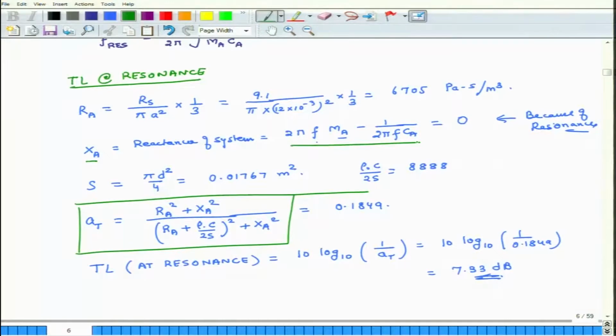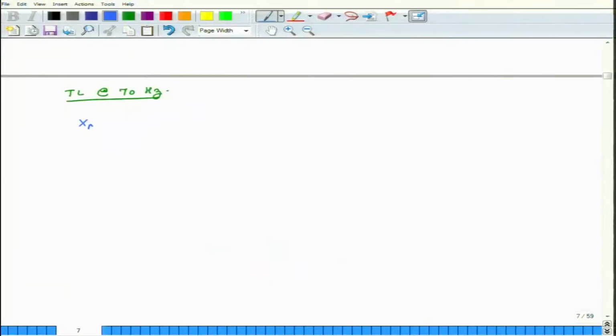So, all we will do is recompute XA and plug the new value of XA in this equation for AT, and then we will again recompute TL or transmission loss. So, XA at 70 hertz is equal to 2 pi f MA minus 1 over 2 pi f CA, and if I do all the math, this comes to be 61,664.